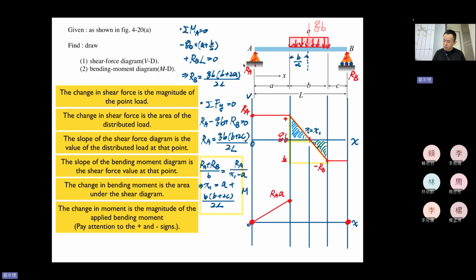So let's continue. Let's see this section. The change of the moment diagram will be the area of the shear diagram. So what is the area?